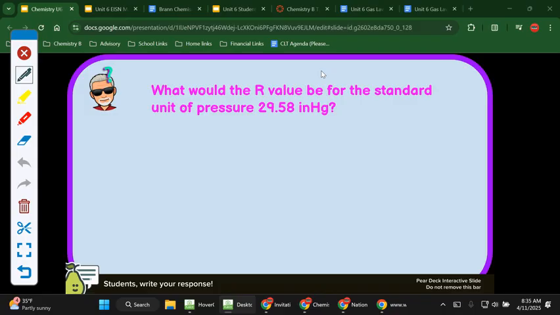What is the only formula I have given you that involves R? We were just working a bunch of problems with it. Every example that I gave you today, we used it to solve the problem. What was that formula, Ethan?